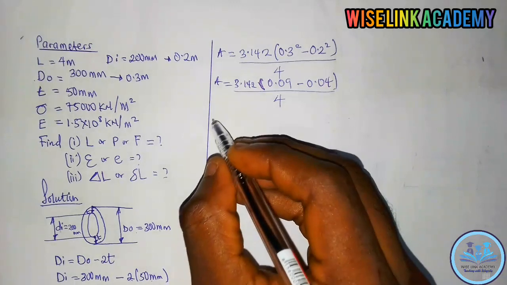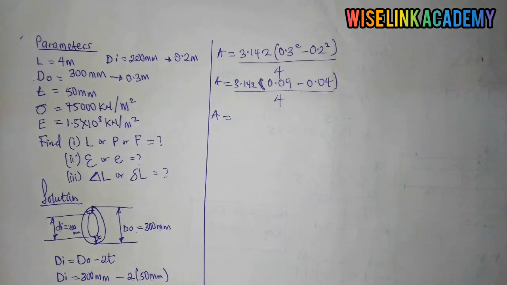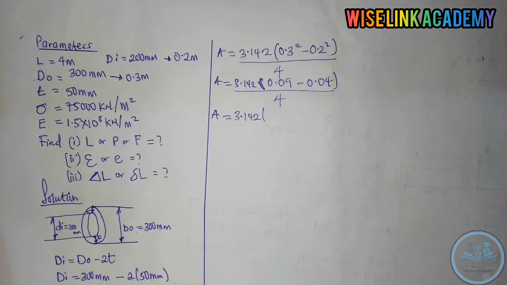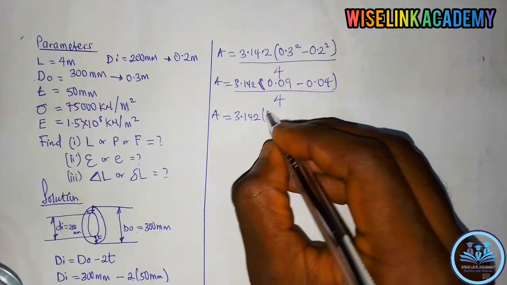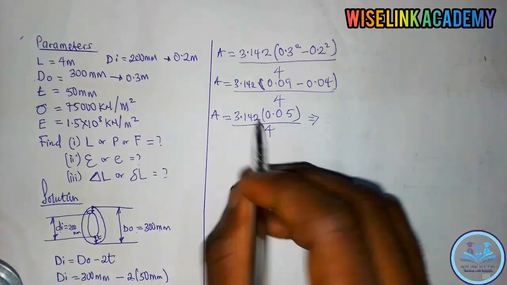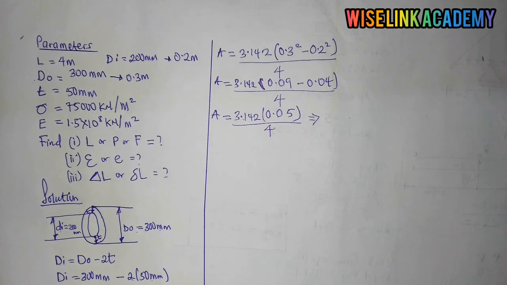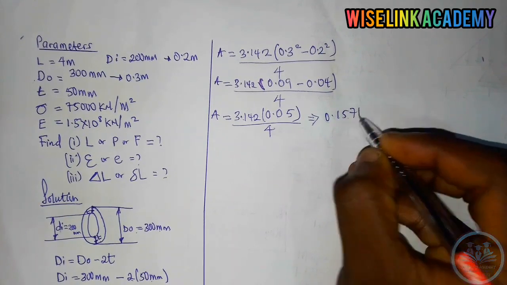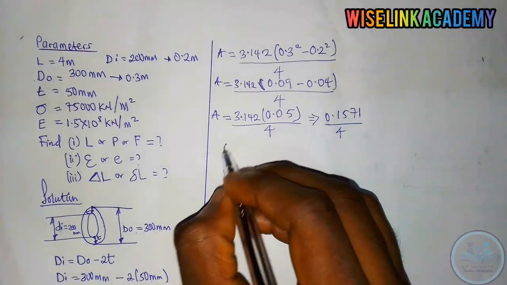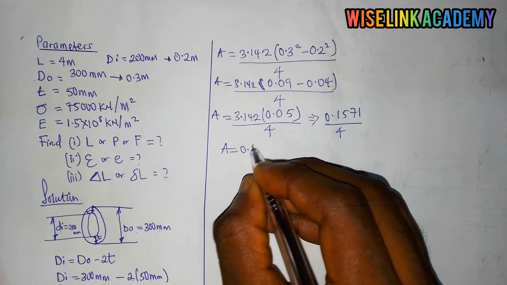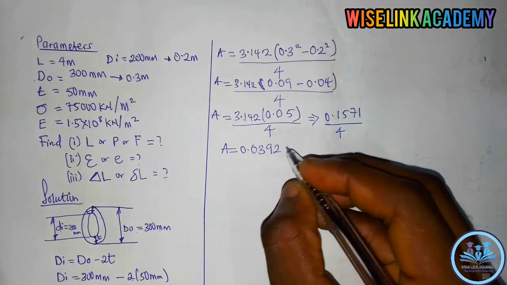Working on this, A is equal to 3.142 open bracket 0.09 minus 0.04, I'll be having 0.05, over 4. So this times this, I'll be having 0.1571 divided by 4. So my area will now be 0.0392 meter square.